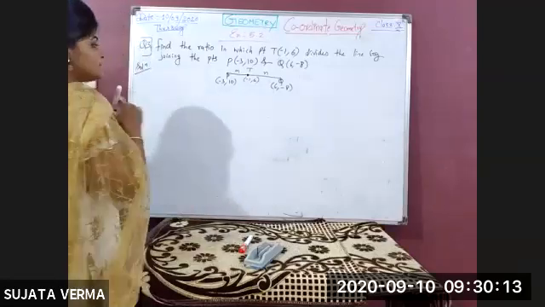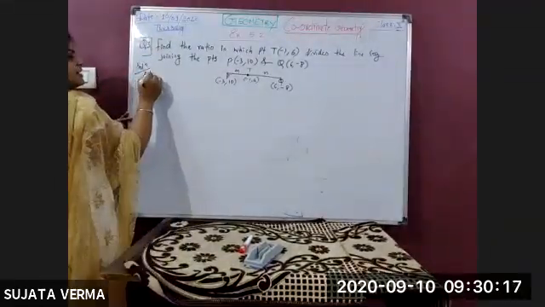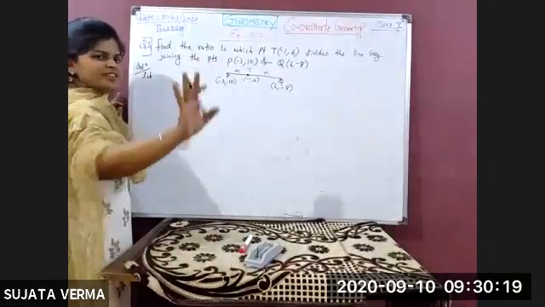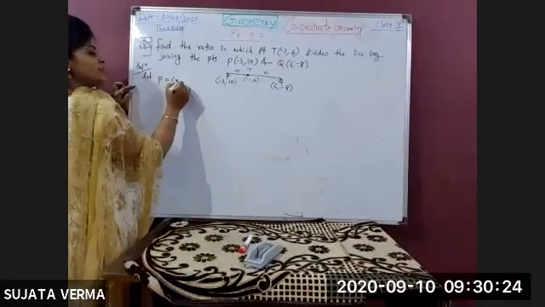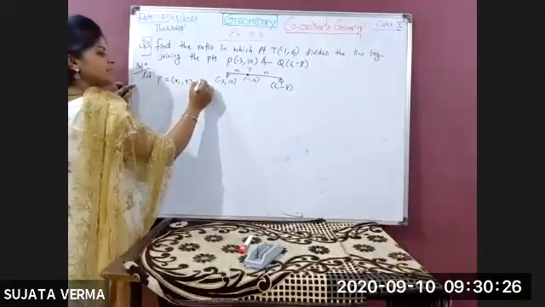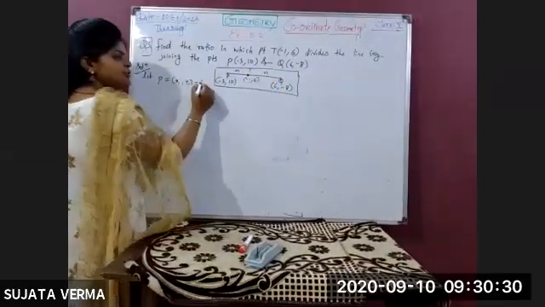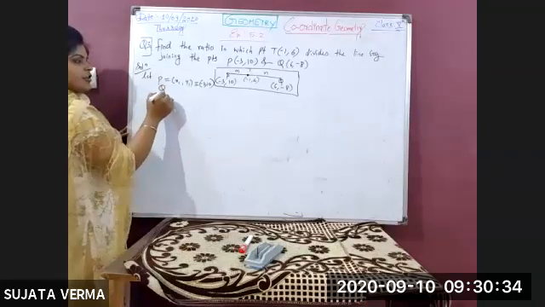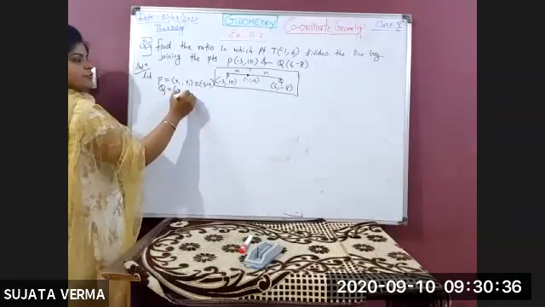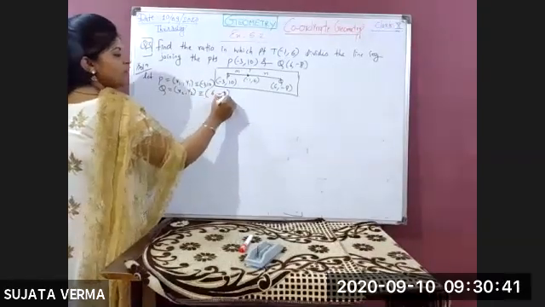Okay, now what do we do? First we write our common step, that is the coordinates. Let P be x1, y1, which is equal to (-3, 10). Then we write the coordinates of Q: x2, y2 equal to (6, -8).